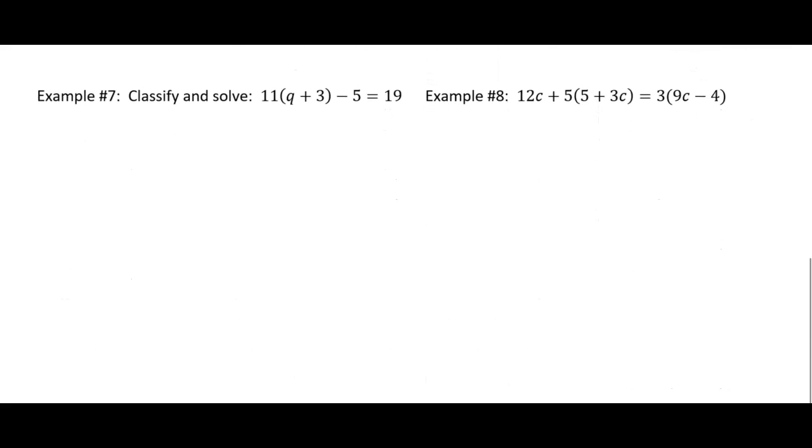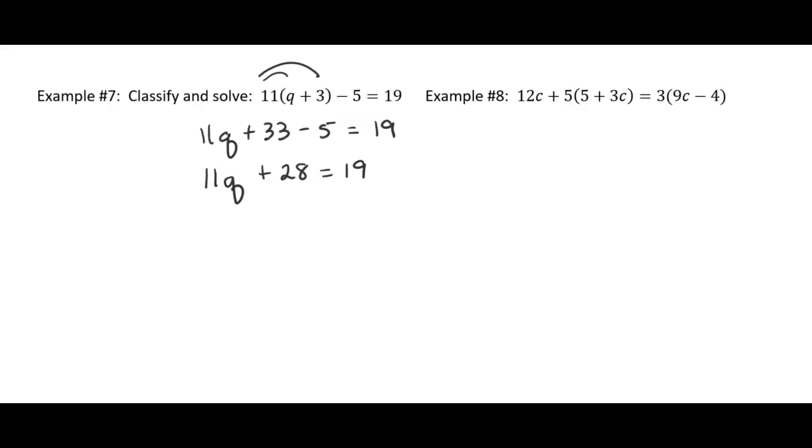All right, so now we have 2 more examples, classify and solve. These are a little bit shorter, it looks like. So distributing the 11, I get 11q plus 33 minus 5 equals 19. Okay, so I got 11q plus 28 equals 19. That looks right.